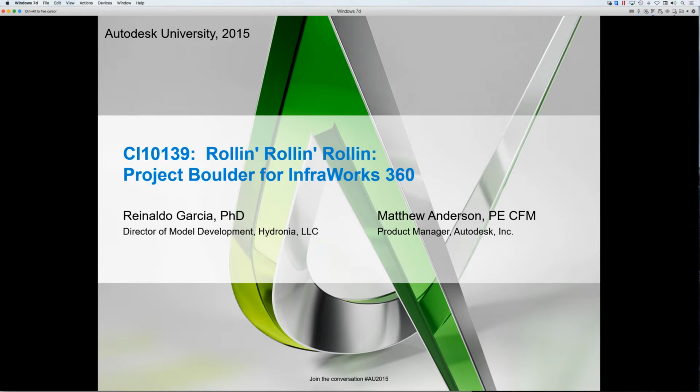Also, we are very excited to share with you the news about last week's Autodesk University. Autodesk University is a huge event that occurs every year in different countries. We attended the event in the United States, and I had the privilege to give a class on the integration of RiverFlow2D with InfraWorks 360, which is codenamed Project Boulder, with Matthew Anderson, a product manager at Autodesk.